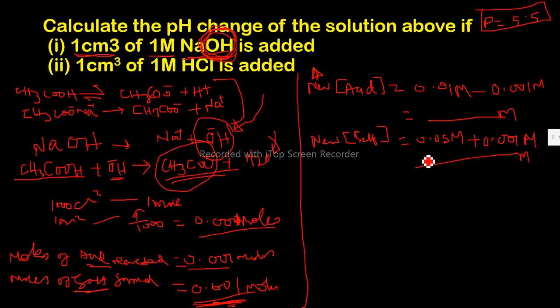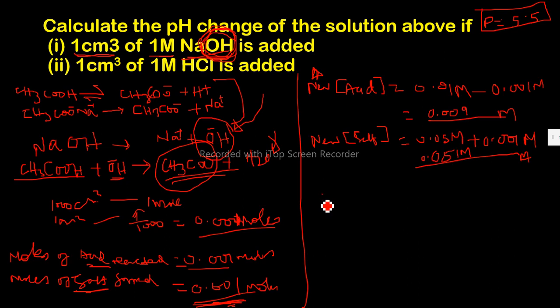So without going far, this one is going to be 0.051 molar, and then this one is going to be 0.009 molar. It can't be greater than the old one.